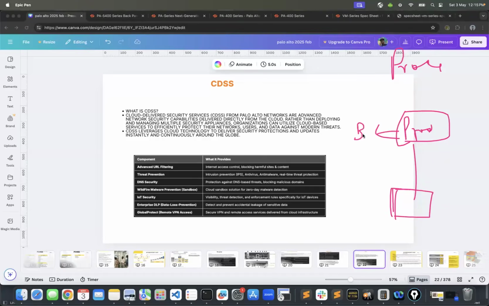But these are the traditional way to use a proxy. You have to manage it, change the proxy, whitelist, blacklist, everything you need to do. That's a problem in the traditional way.